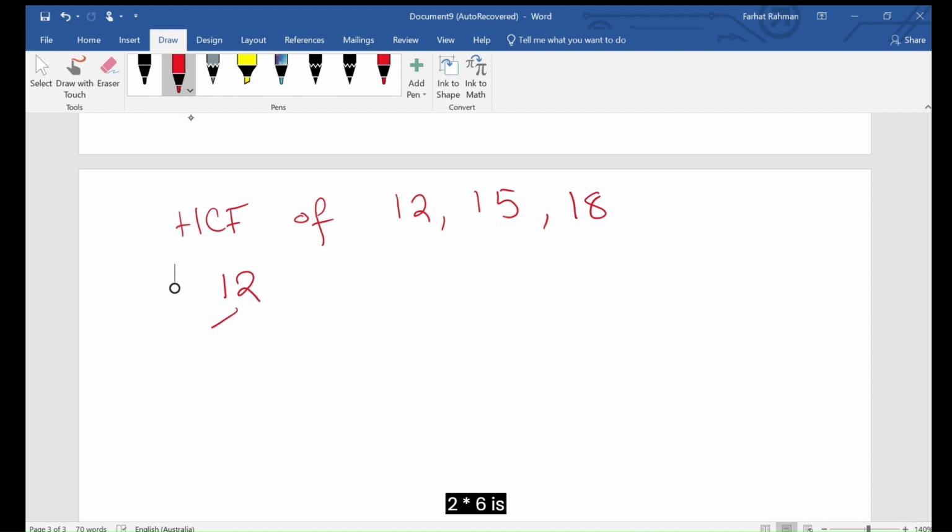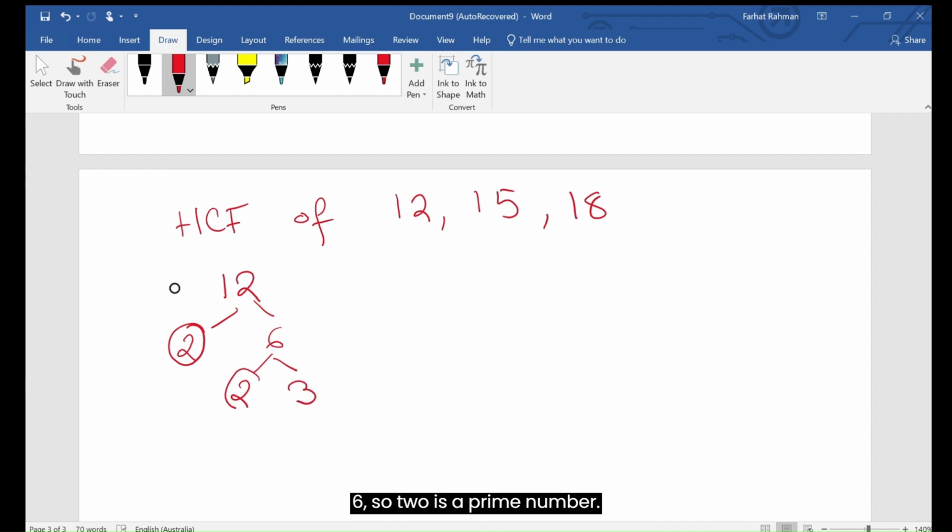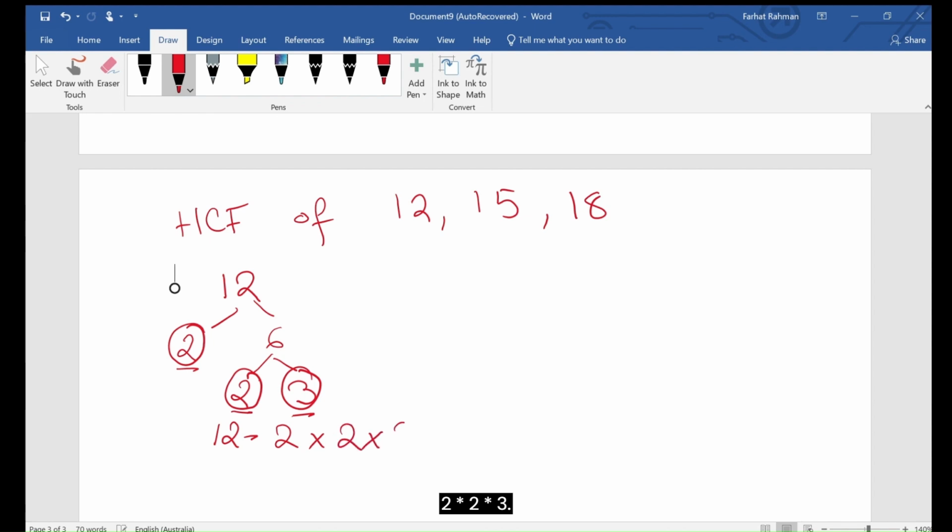So 2 times 6 is 12. 2 is a prime number. We break 6 into 2 times 3 is 6. So 2 is a prime number, 3 is a prime number. We are done. Let us list them in product form. 2 times 2 times 3.